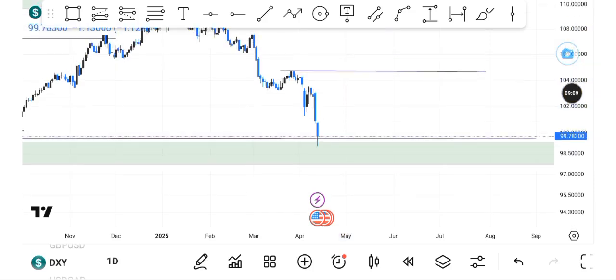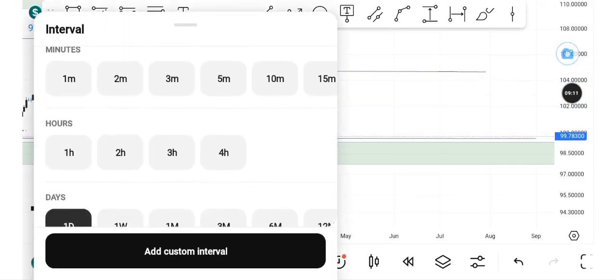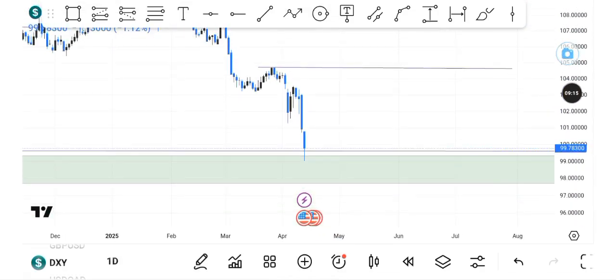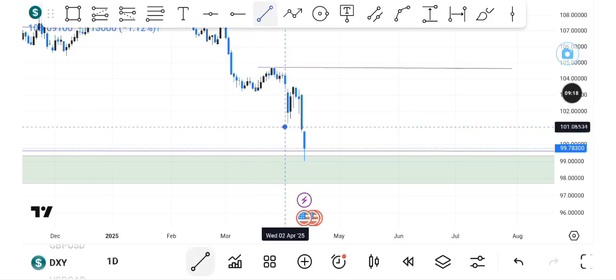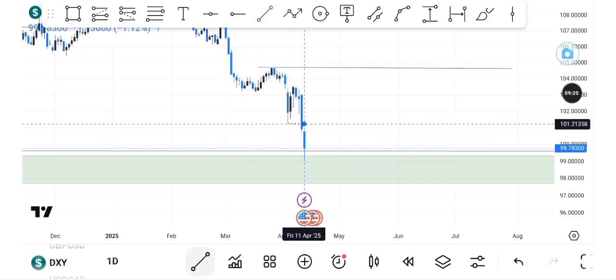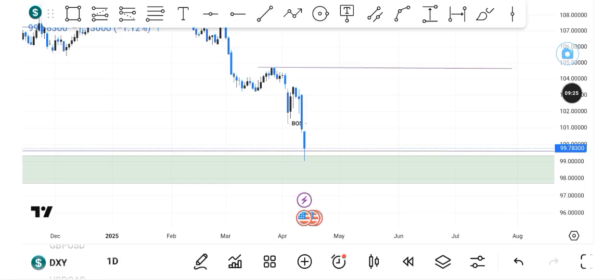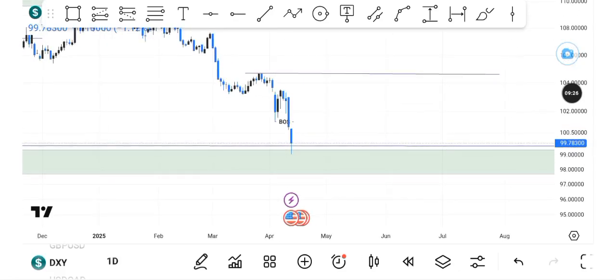So that's what we really expect. Then other pairs that correlate positively, we shall be able to expect USDJPY, USDCAD. So those pairs we shall expect to continue moving to the downside.